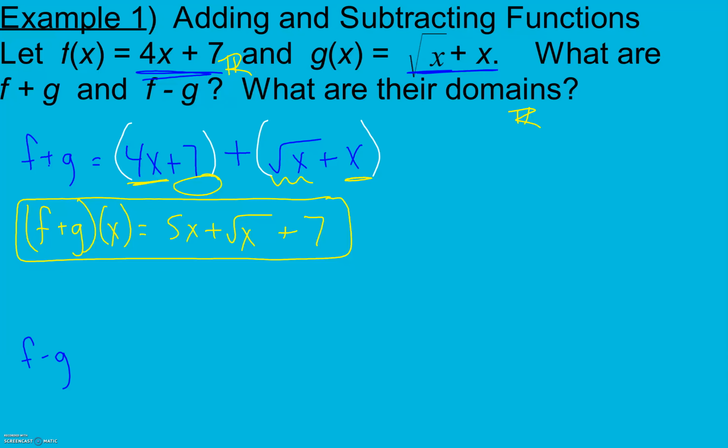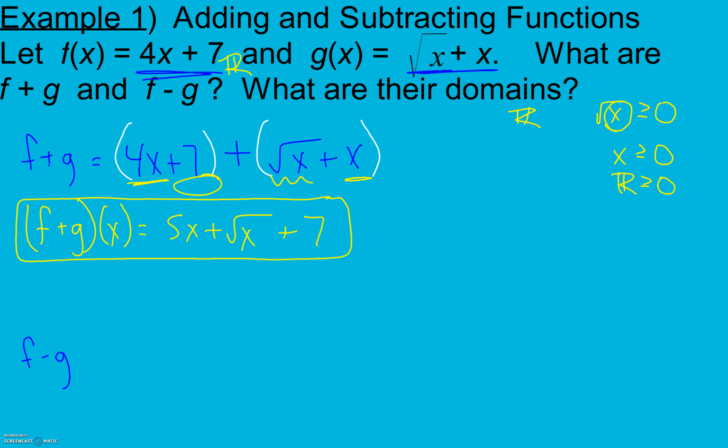Yeah, the square root of x has to be defined: whatever's inside my radicand has to be greater than or equal to 0. We can't have square roots of negative numbers.